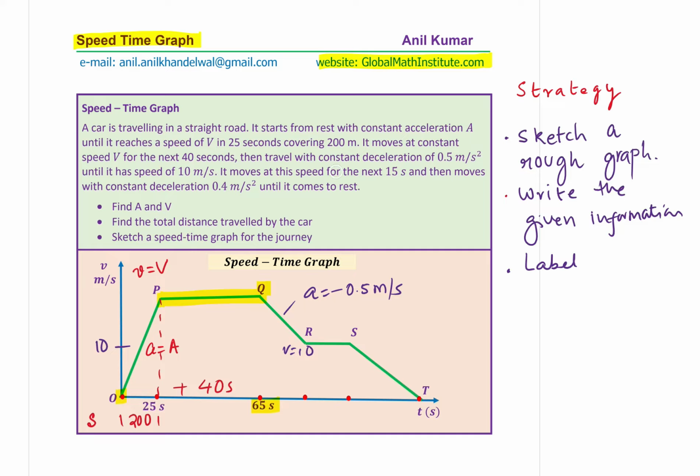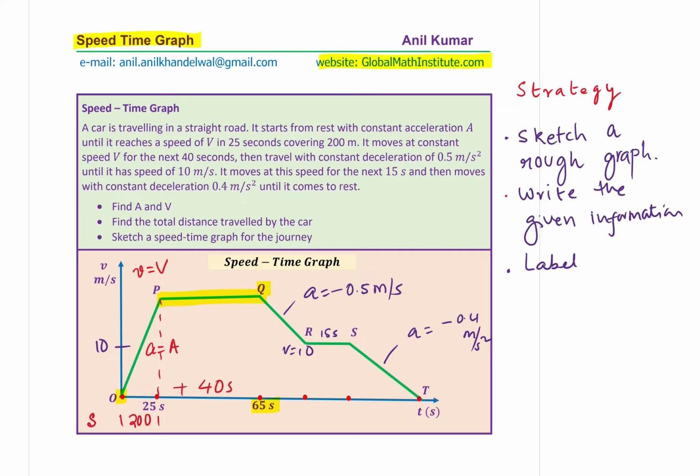It moves at this speed for the next 15 seconds, so this time delta t is 15 seconds. And then it moves with constant deceleration of 0.4 meters per second square until it comes to rest, the terminal. That is the journey we are going to follow, and that is how you could label it. So we know all these parameters.